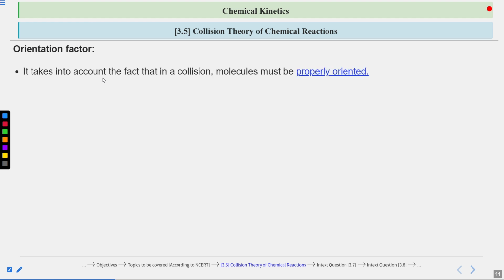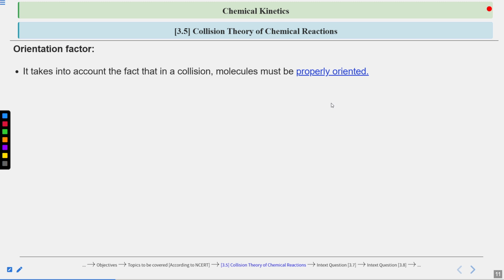It takes into account the fact that in a collision, molecules must be properly oriented. So we have to consider that when the collision is happening between the reacting species, the molecules must be properly oriented.